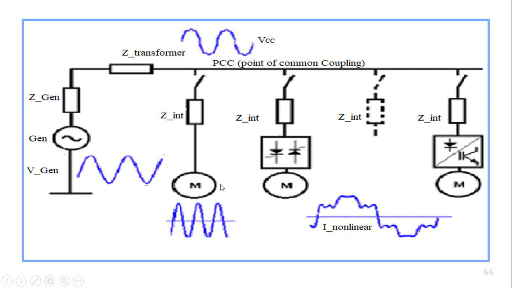This motor is not non-linear because it does not have any semiconductor device for controlling, so it gives a sinusoidal current. These non-linear devices change the shape of the current. When these two currents meet with the supply current, the original current becomes distorted, and when this distorted supply current flows through the impedance of the transformer, the voltage is distorted.